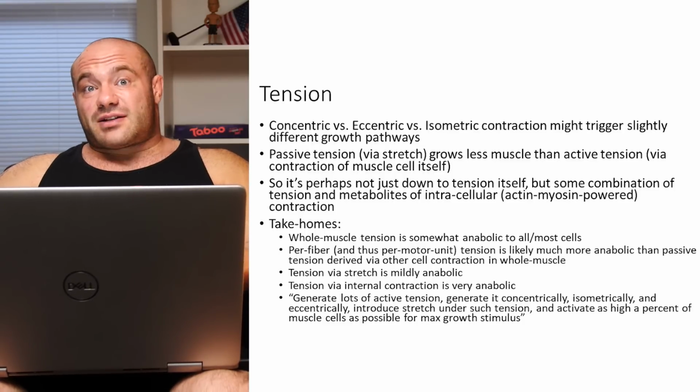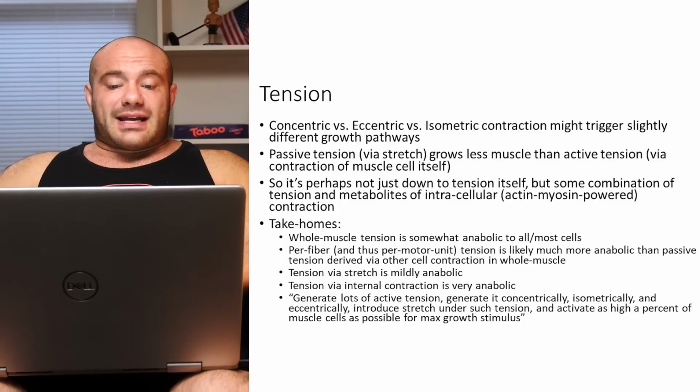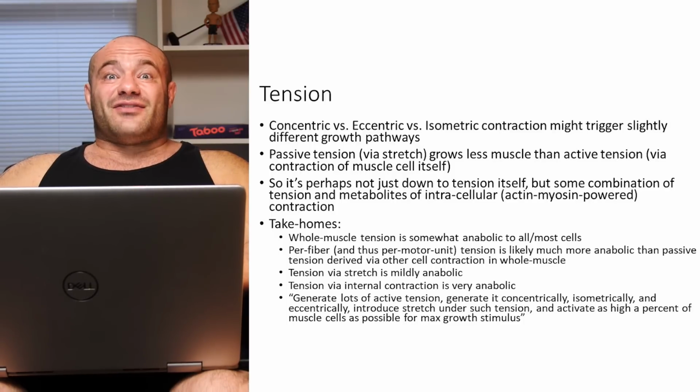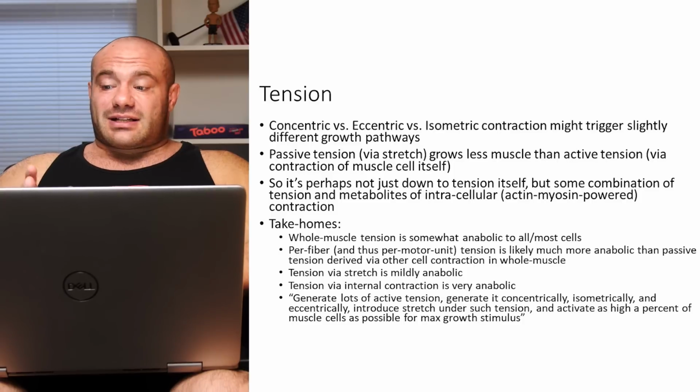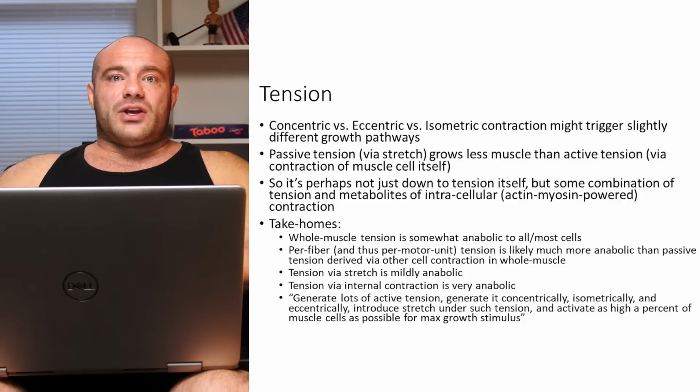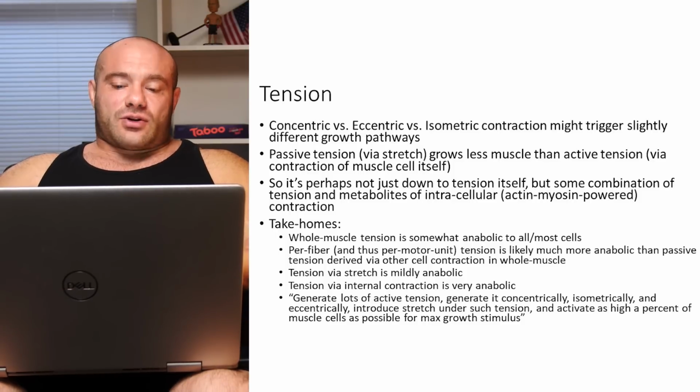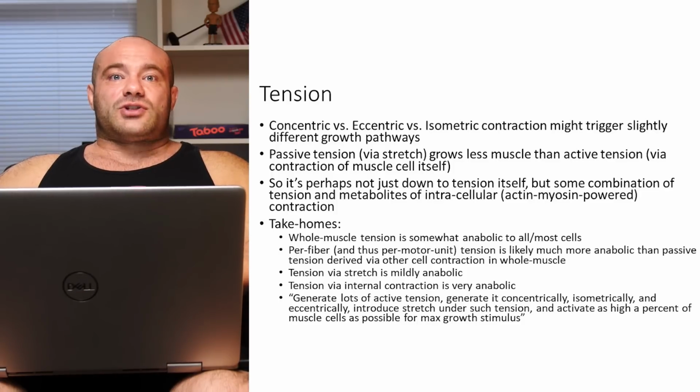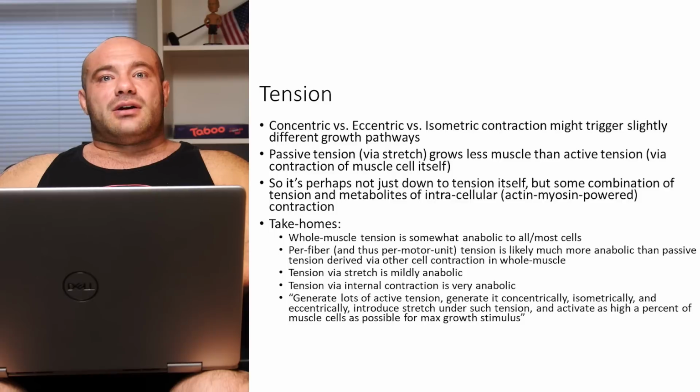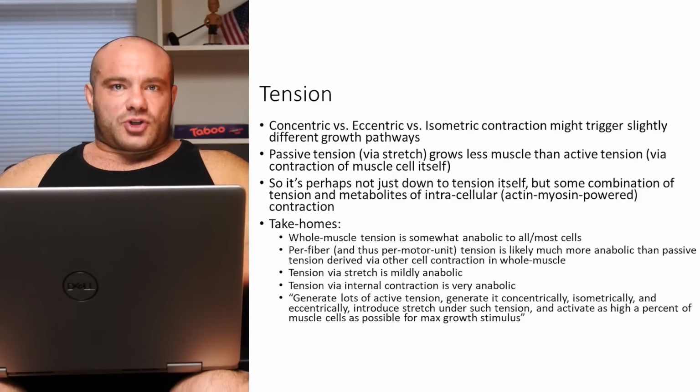If you just stretch a muscle, it grows, but tension via internal contraction is very anabolic. So muscle cells grow a lot when they themselves contract and generate forces within them, rather than the forces coming from stretching or deformation from the outside. Probably the best kind of hypertrophy is when both are occurring, which is why tension under stretch, both at the same time, is super hypertrophic and is actually uniquely hypertrophic, right?